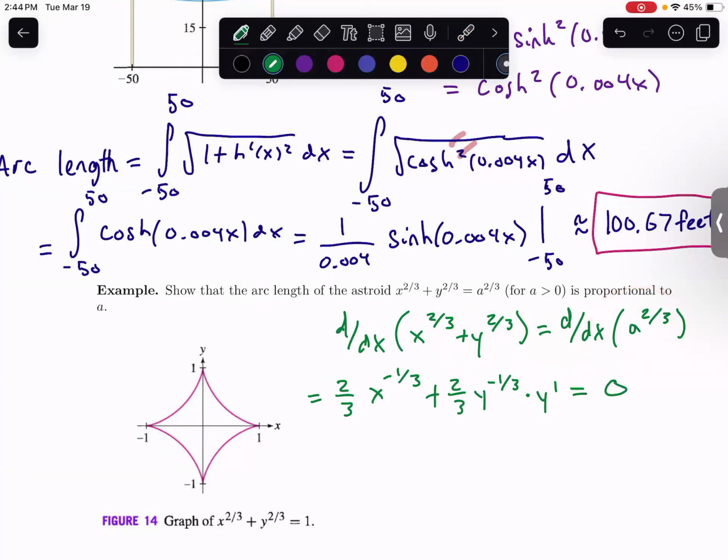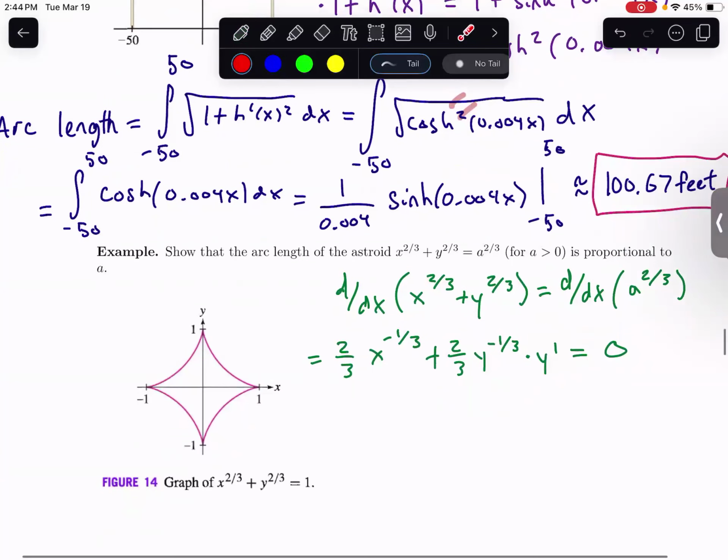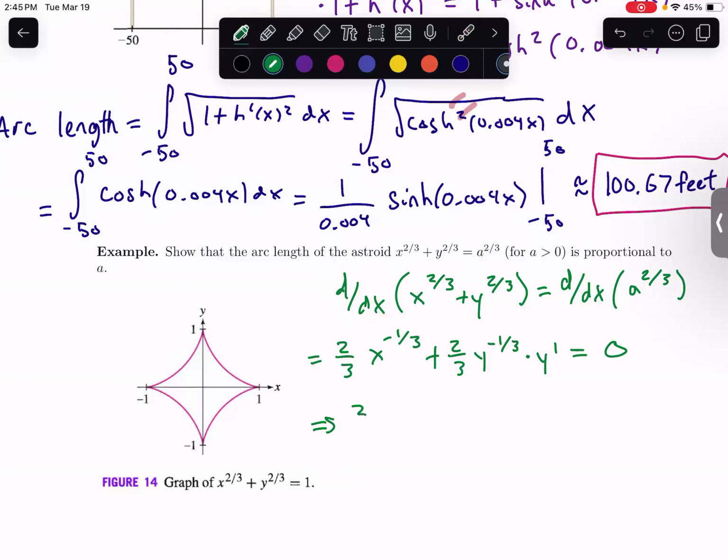Okay, so the main goal at this point, we computed the derivative. What's left is we want to determine what this y prime ends up being equal to. So we're going to solve for y prime. The first thing we can do is we can subtract over this 2/3 times x to the minus 1/3. So this will be 2/3 y to the minus 1/3 power times y prime is equal to minus 2/3 times x to the minus 1/3.